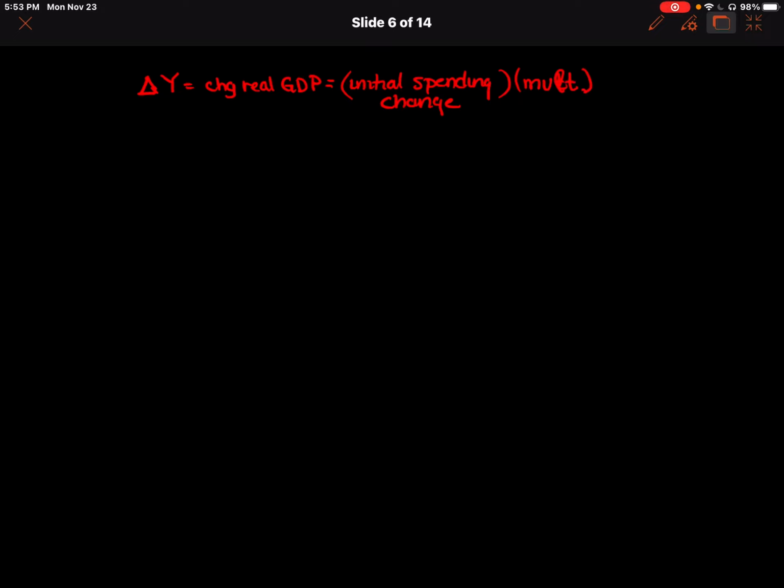This comes about because of the idea of the economy being a circular flow: if I spend less, then somebody else has less income, they can spend less, and so on and so forth.